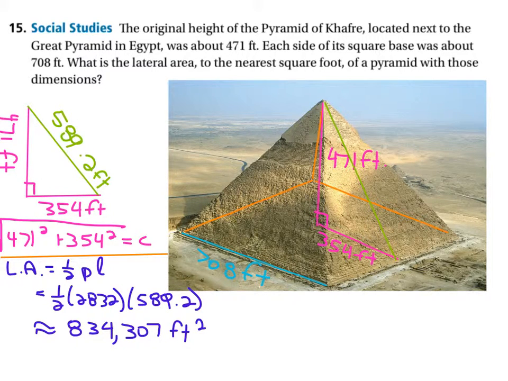Okay, I'm not satisfied with my answer. It doesn't match with the book. So I'm going to erase this, which was our rounded hypotenuse length, that lateral surface length. And I'm going to say that's exactly equal to the square root of whatever we get when we do 471 squared plus 354 squared.